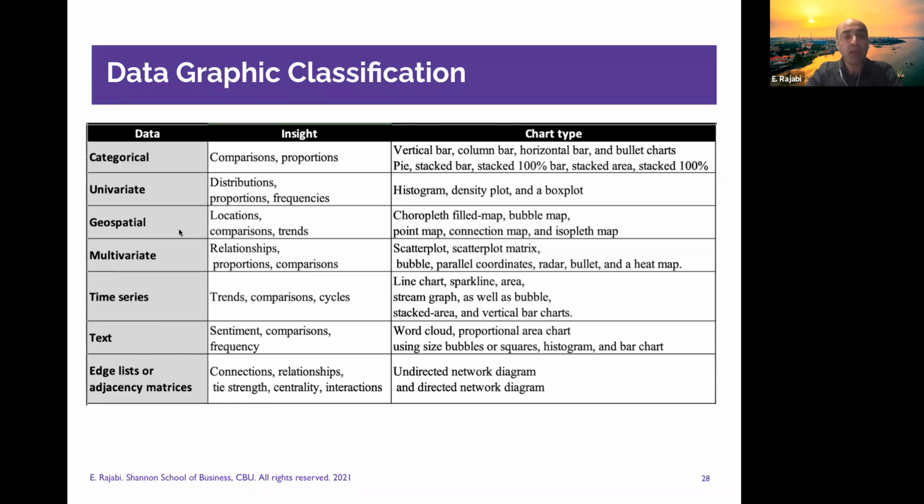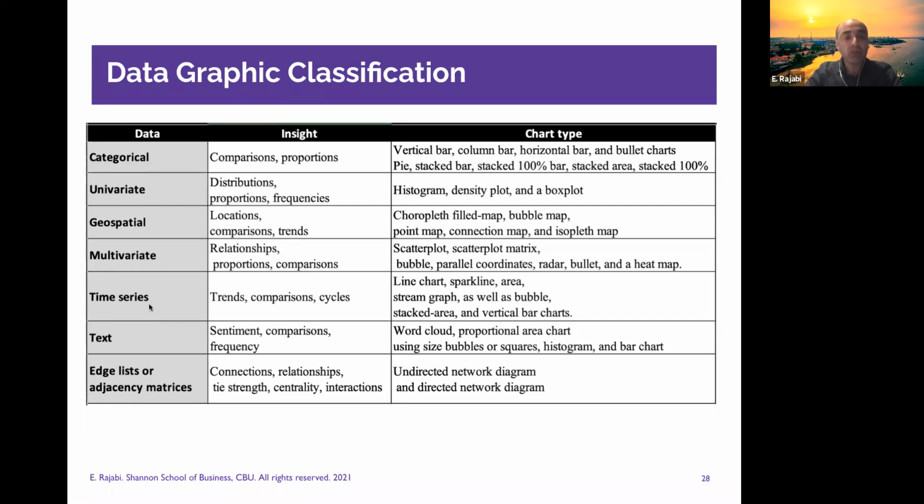When we have geospatial data, we are looking into location, like points on the map, comparison. We can use different map data, right? Like point map, connection map. When we are talking about relation, we can use a scatter plot or scatter plot matrix, bubble chart, parallel coordinate. We will go through all these charts briefly in the next slides.